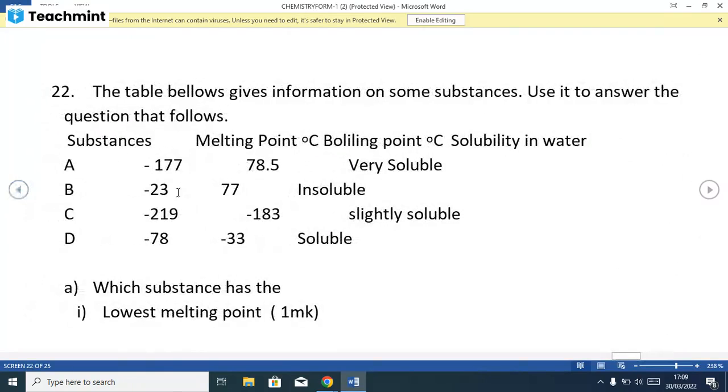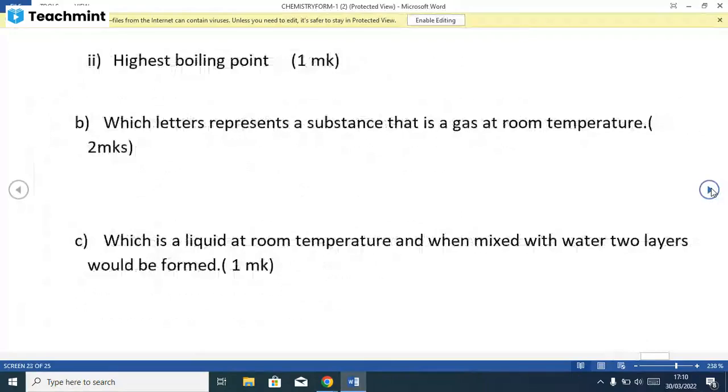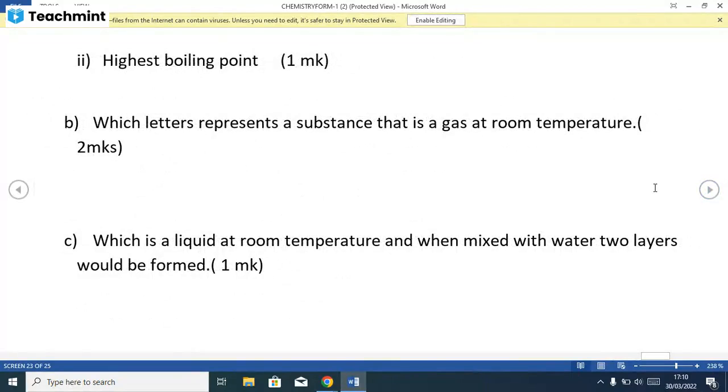Let's look first at which is a liquid at room temperature.